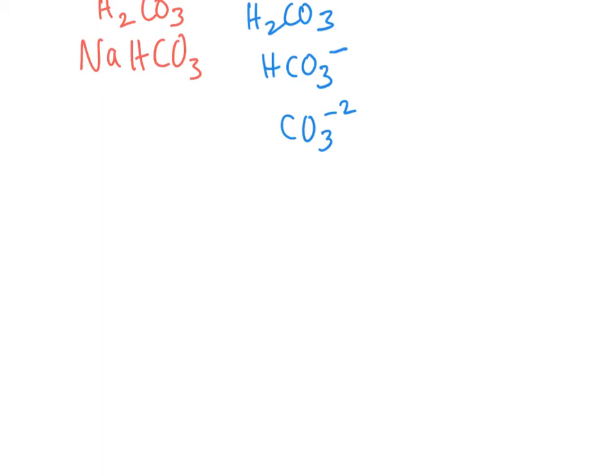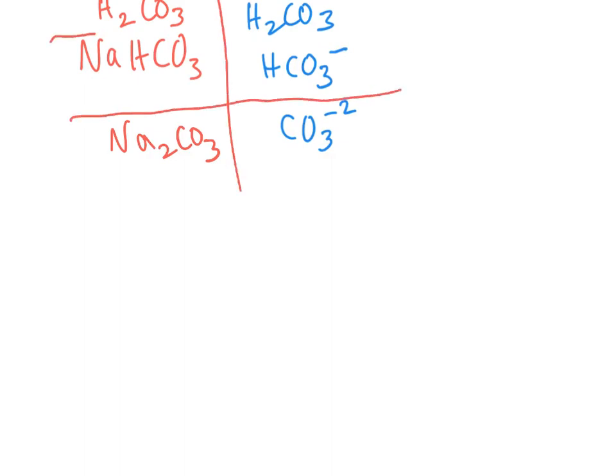Now, since these are ions here and here, then they would want to hook up with some positive cation like sodium. So you get sodium +1, hydrogen carbonate. And then the other one would be, for the carbonate, Na2CO3. All right, so I gave you a lot of information there. Go over that a couple of times.